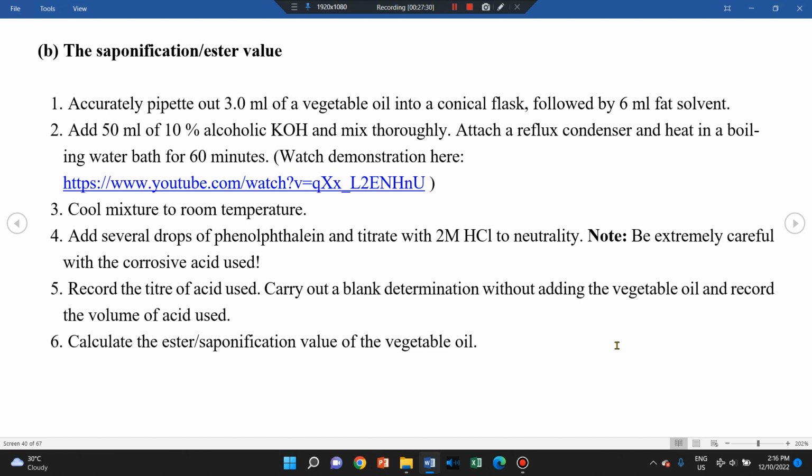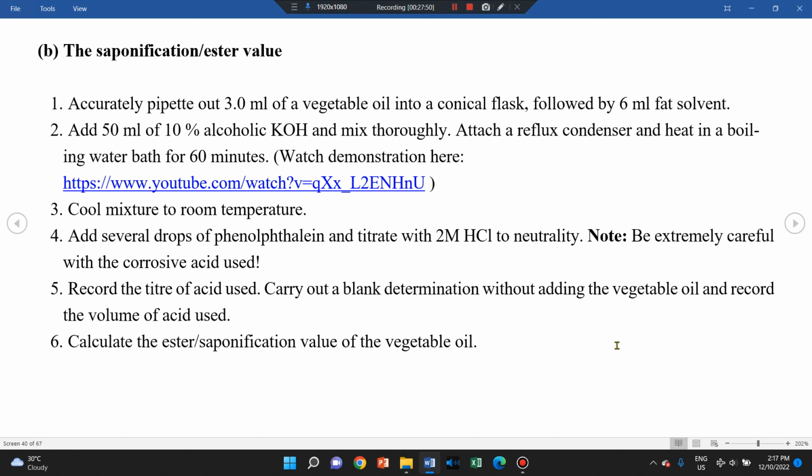I'm not giving you the formula. The manual comes without a formula, but you can easily Google what acid value is, and I'm very sure you can calculate the acid value after that by just having the volume of potassium hydroxide used.